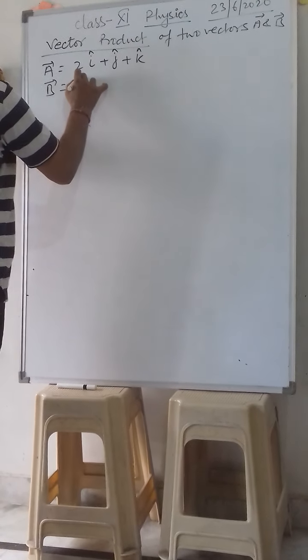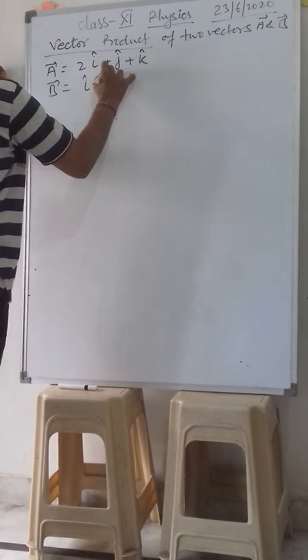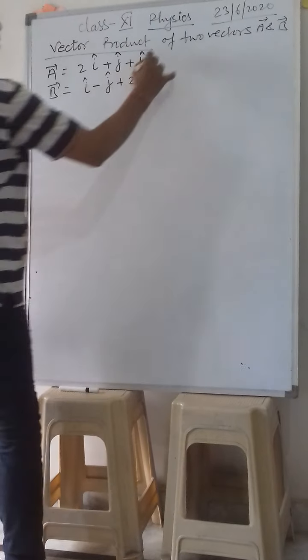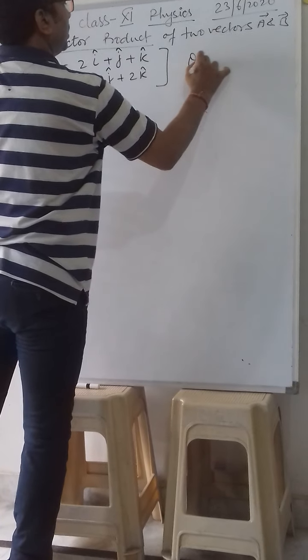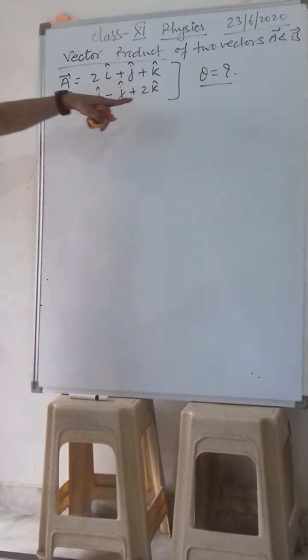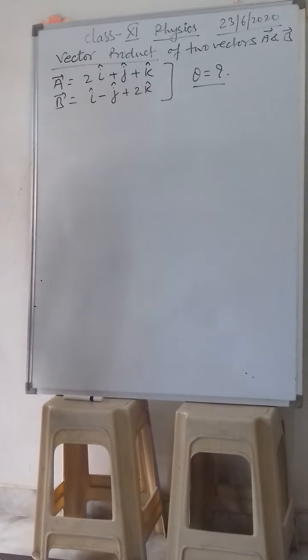We have to find out how much theta is, the angle between given two vectors. How can we find?